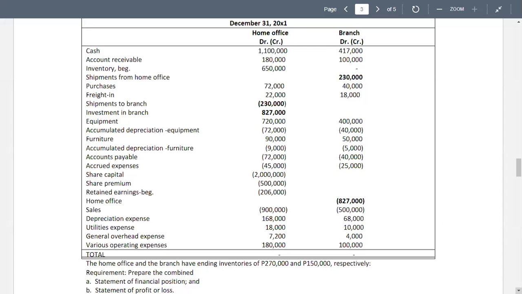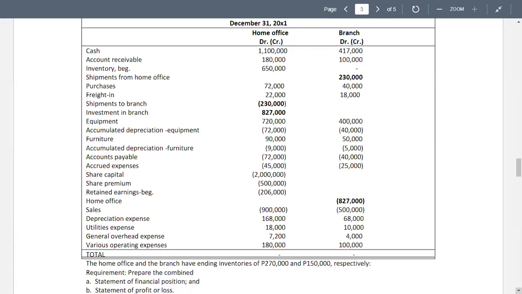Then accounts receivable, 280,000. Debit, debit. Then we have inventory beginning combined 650,000. We have already eliminated shipments from home office. It's a debit and now we credit. So the balance in the combined balances column is 0.